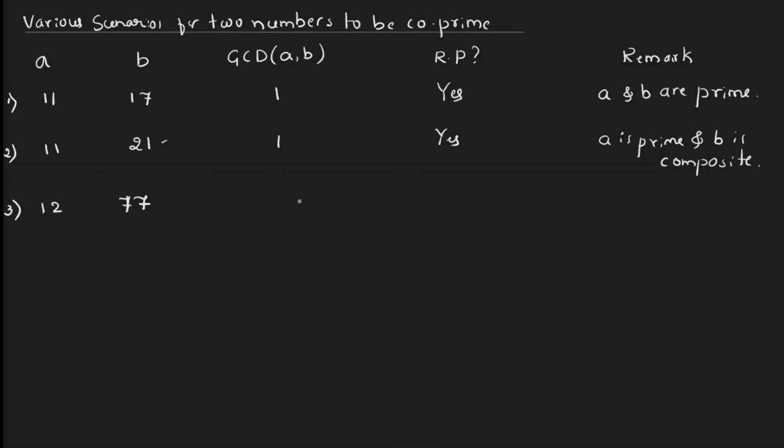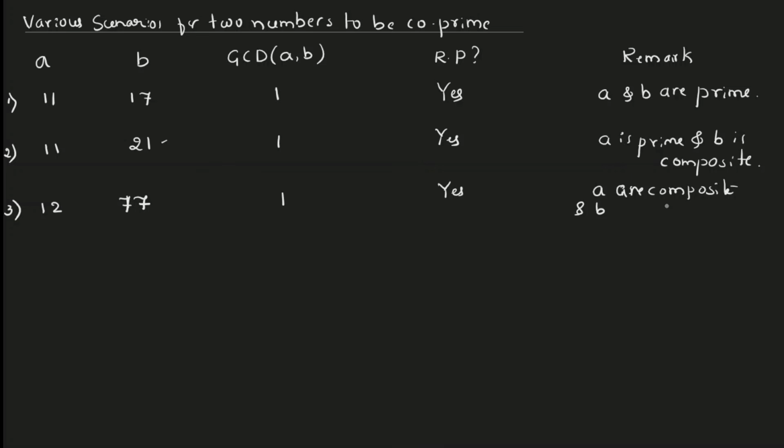The common divisor of these two is 1 only. Both are composite, yet they are co-prime, they are relatively prime. So both A and B are composite numbers.